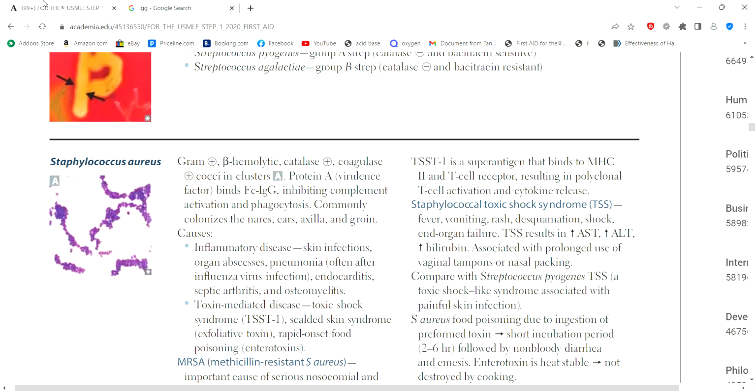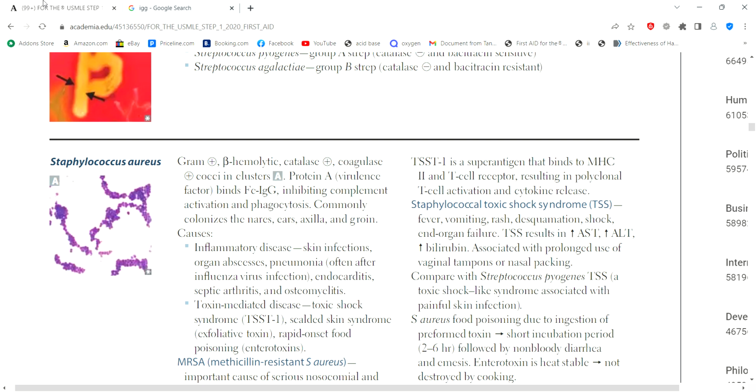Toxin-mediated disease: toxic shock syndrome, TSST-1. So Staph aureus causes toxic shock syndrome, scalded skin syndrome. It also causes rapid onset food poisoning. Now, there's a few things you have to know here.